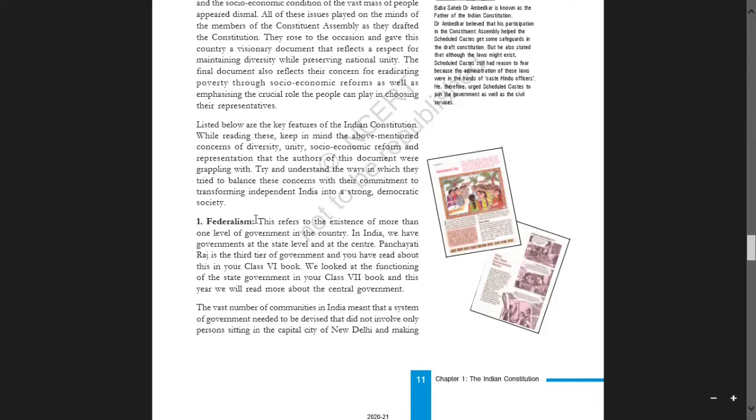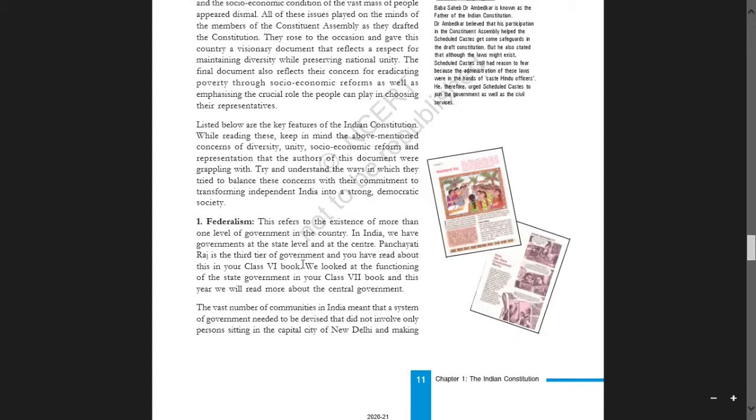Federalism. This refers to the existence of more than one level of government in the country. In India, we have governments at the state level and at the center. Panchayati Raj is the third tier of government, and you have read about this Panchayati Raj in your class 6 book.